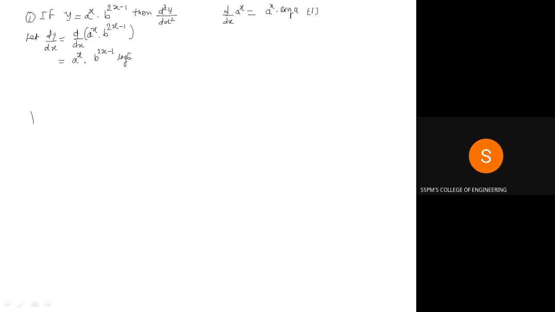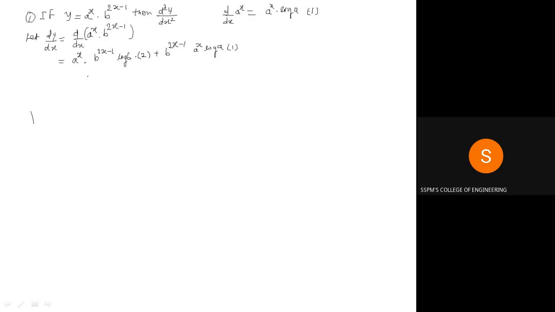Is that completed? No. Into the derivative of 2x minus 1 with respect to x, it is 2. It's the derivative of the second term plus second term kept as it is into the derivative of first. And what is the derivative of first? A raised to x into log of a into derivative of x, it is 1.